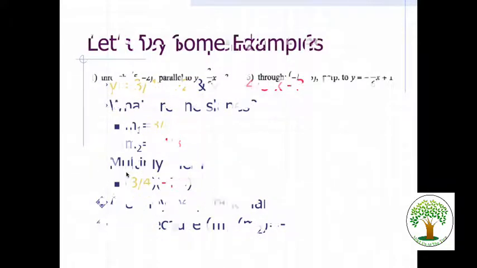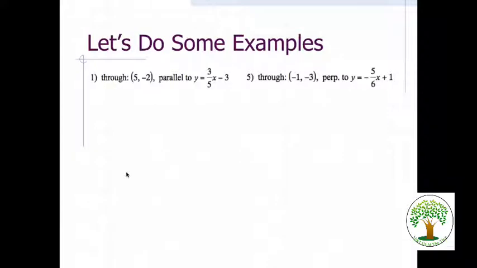All right. Let's do some homework problems. Number 1 and number 5 on 3.7. So for number 1, I didn't put the instructions on my PowerPoint, but we can read them.